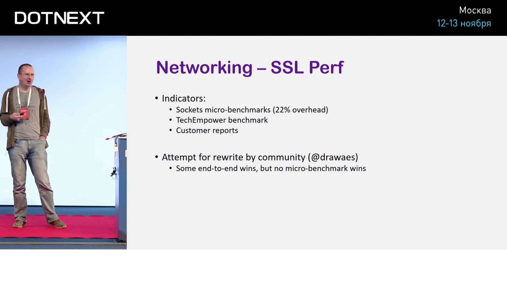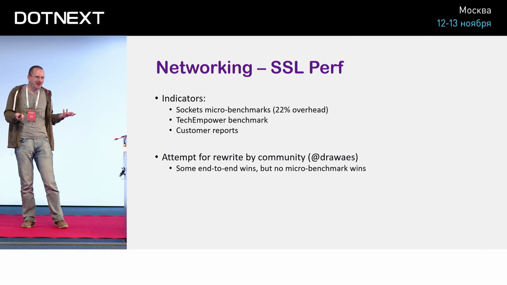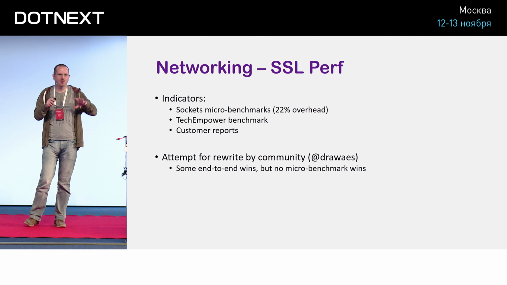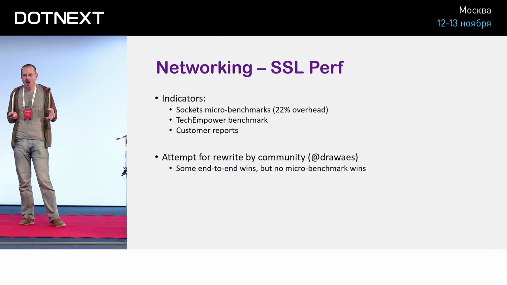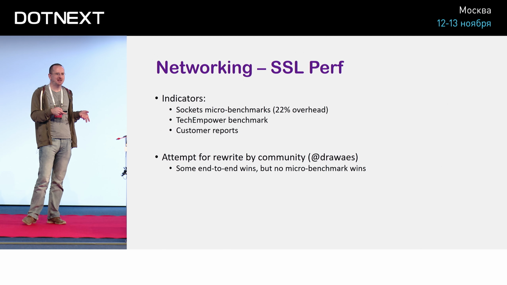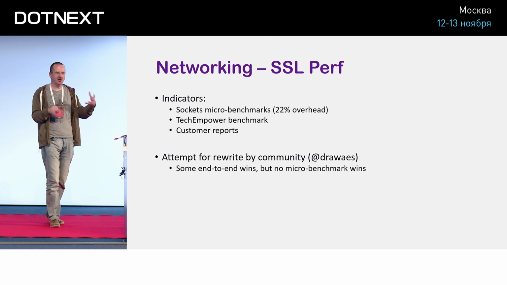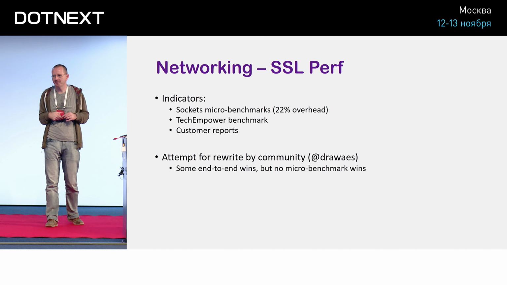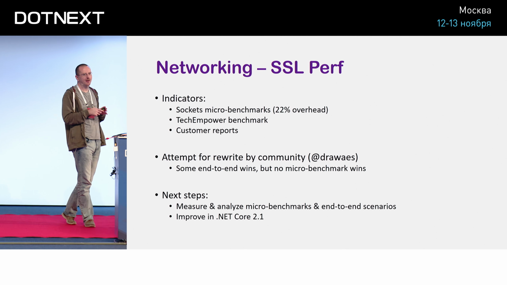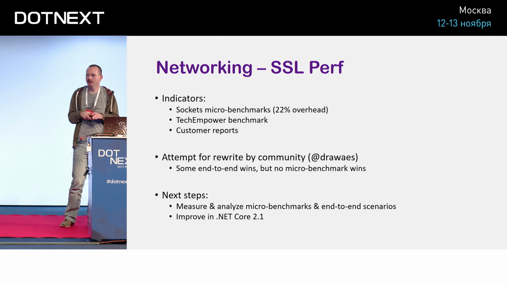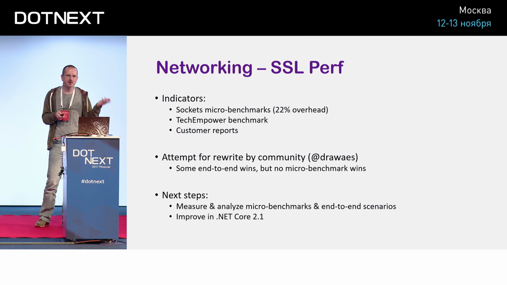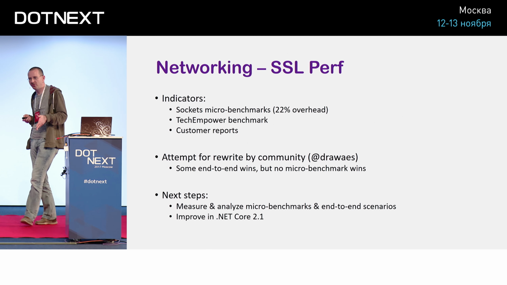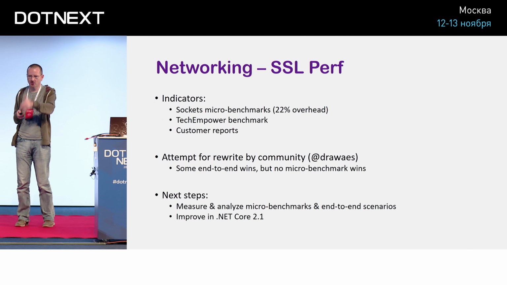Maybe we changed some timing in Kestrel by accident, and it helped. That's not a good enough reason for taking a brand new rewrite of a class that might somehow magically help up the stack. So what we're going to do in the next step is measure and analyze the micro benchmark, and of course the end-to-end scenario as well, and improve it in .NET Core 2.1.